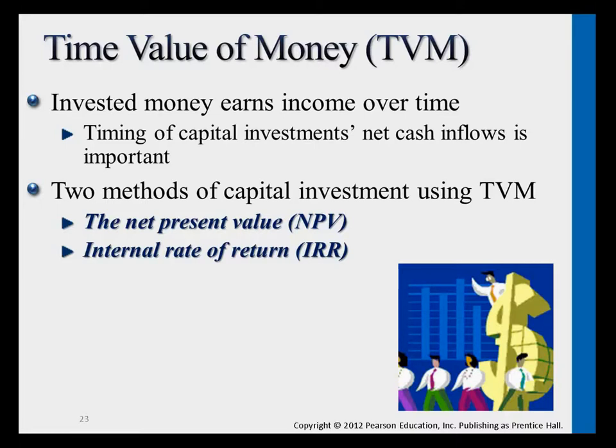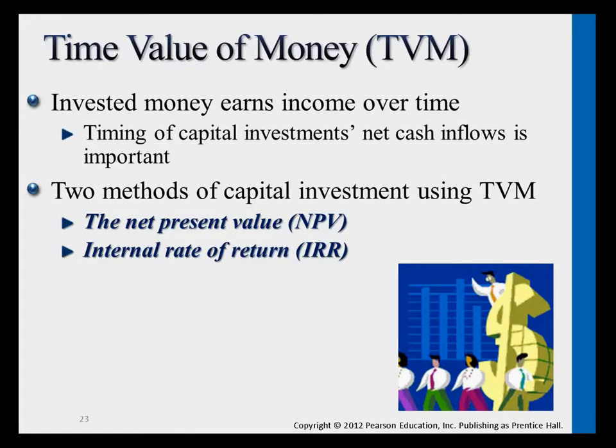But also you can earn extra income. When you invest some amount of money, you can actually earn another amount of money on that investment. So invested money earns income over time.